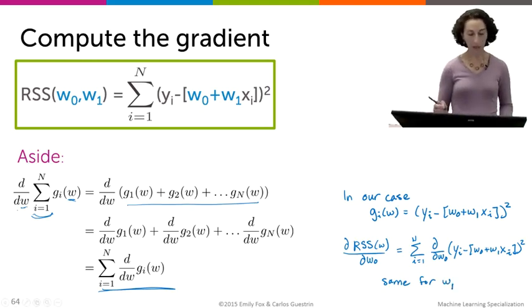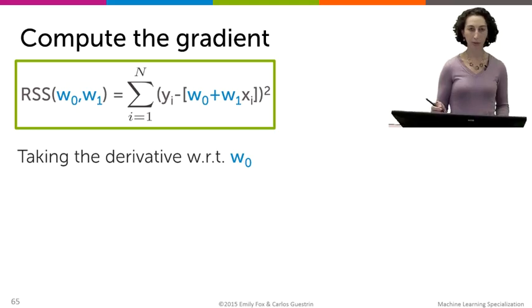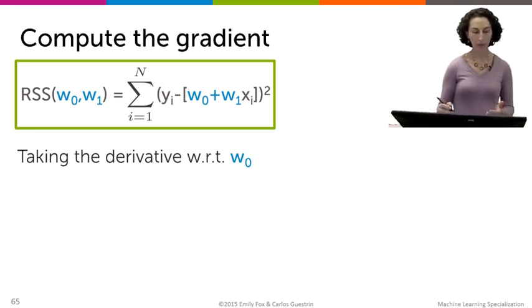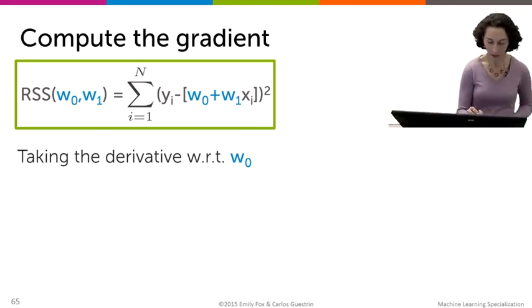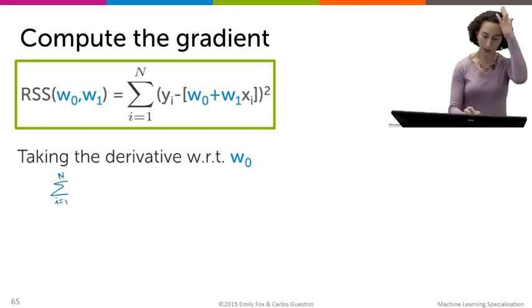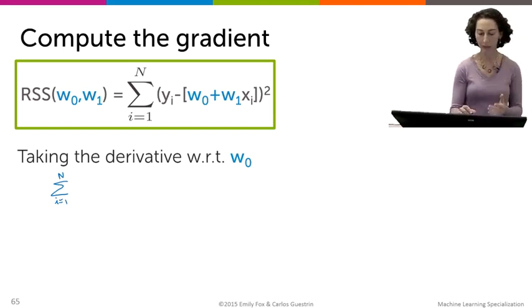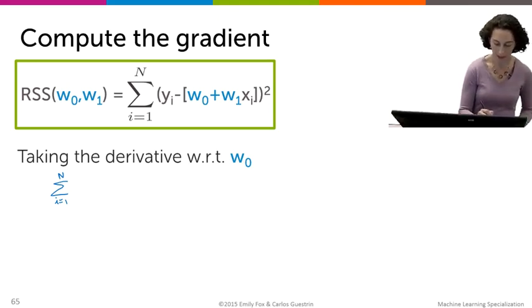Okay, so now let's go ahead and actually compute this gradient. The first thing we're going to do is take the partial with respect to w0. I'm going to use the fact that I showed on the previous slide to take the sum to the outside, and then take the partial with respect to the inside. I have a function raised to a power, so I'm going to bring that power down.